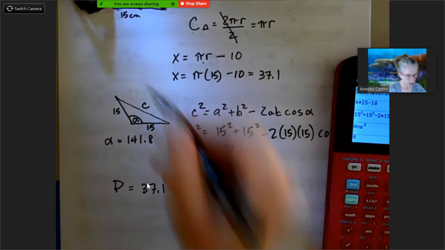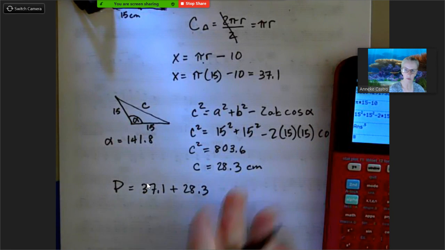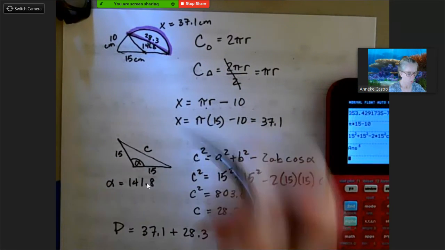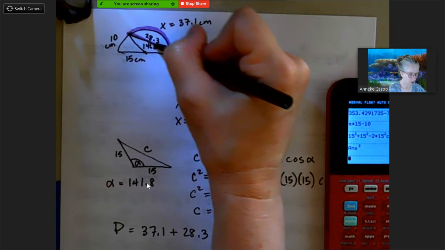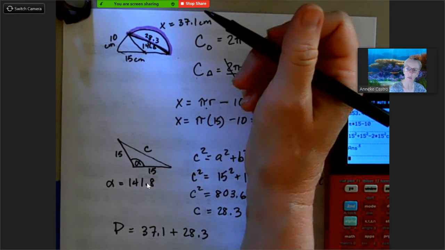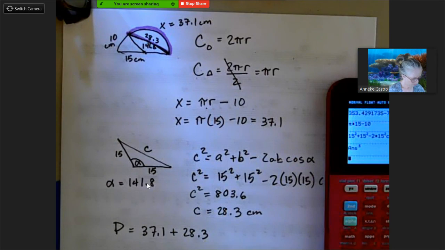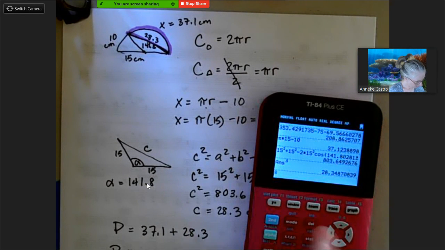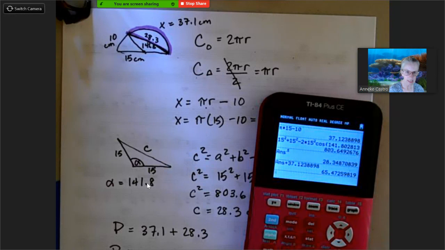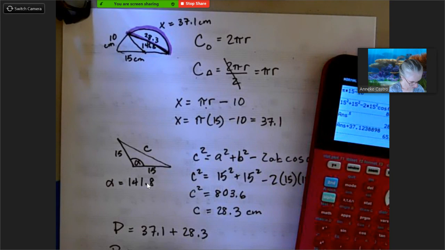If it's going across a circle, but not through the center, it's called a chord. I just remembered that. Okay. All right. So let's add those together. 28.3 plus 37.1, and I get 65.5.